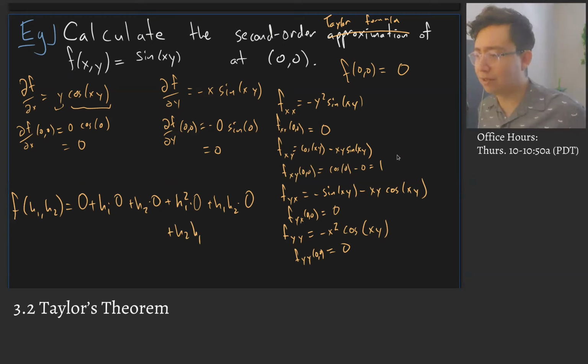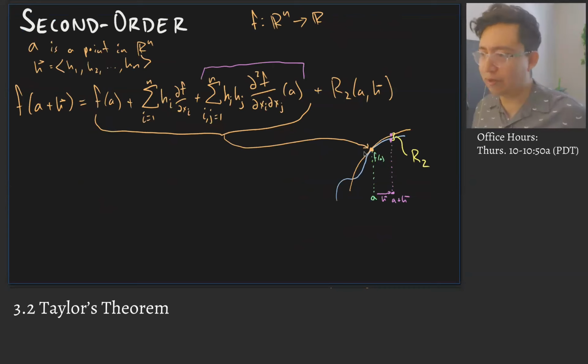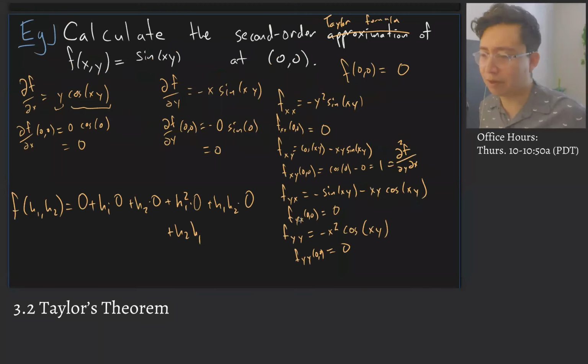Because this here is d squared f dy dx, right? And so the order in the formula matches the order here using this notation. If this was in the other notation, this would be f xj xy, or x1 xi. So this is in the opposite order. So this is times 1 and then plus h2 squared times 0.